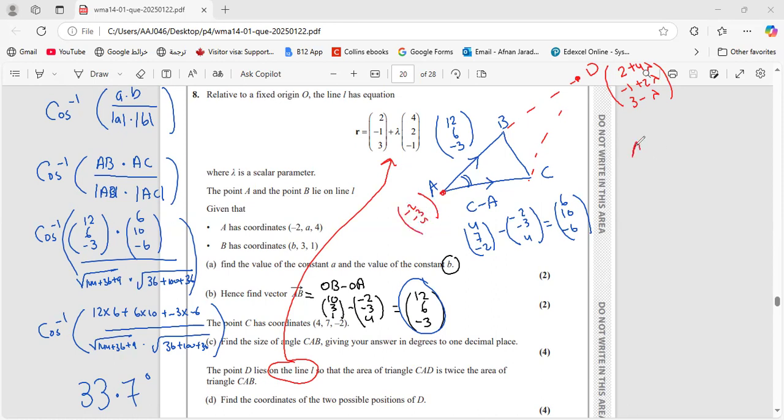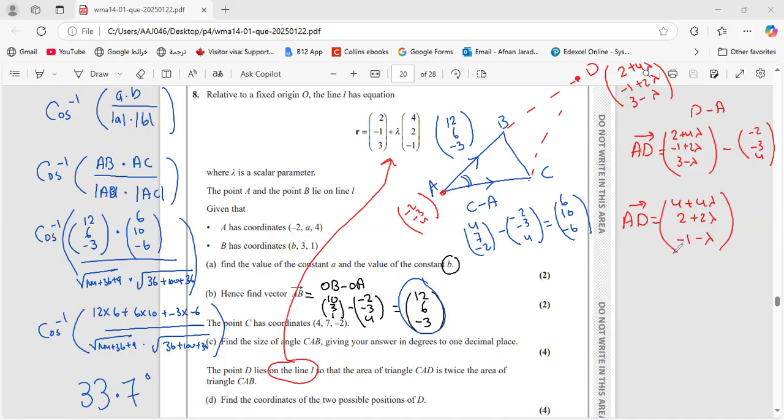To find AD, you subtract A from D. So AD equals 2 plus 4 lambda minus -2, which equals 4 plus 4 lambda; -1 plus 2 lambda minus -3, which equals 2 plus 2 lambda; and 3 minus lambda minus 4, which equals -1 minus lambda. If you find lambda, you can find AD.